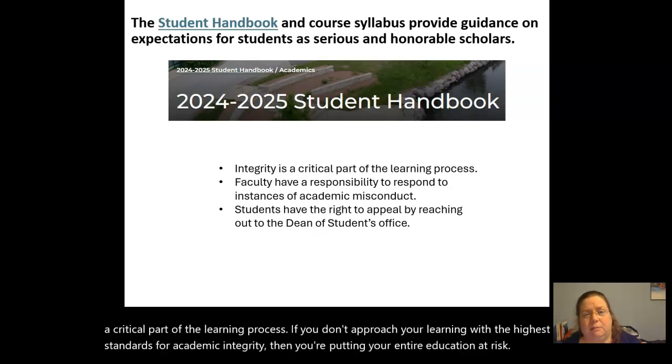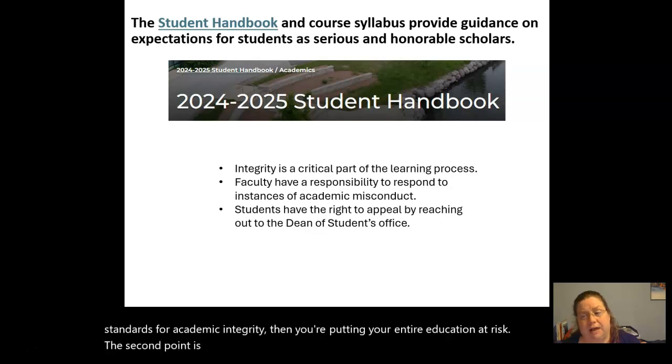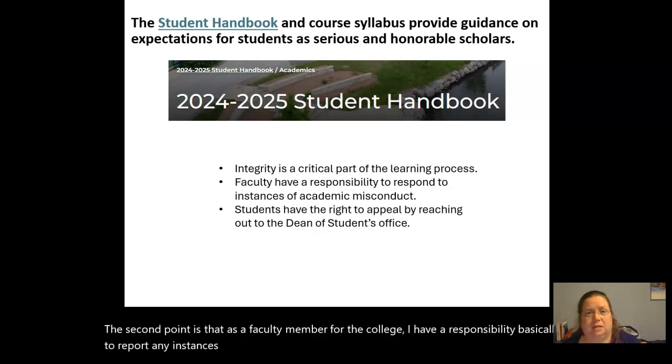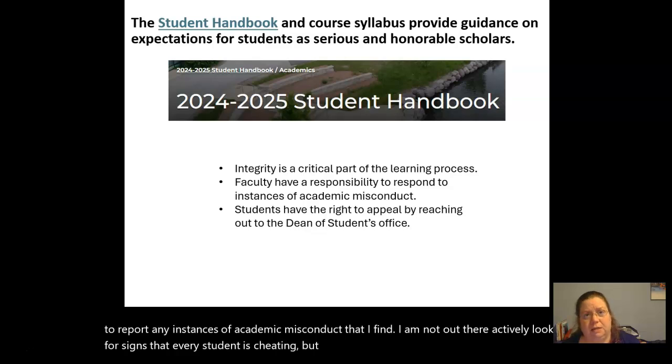The second point is that as a faculty member for the college, I have a responsibility basically to report any instances of academic misconduct that I find. I am not out there actively looking for signs that every student is cheating, but if I observe something, I have to act on that.